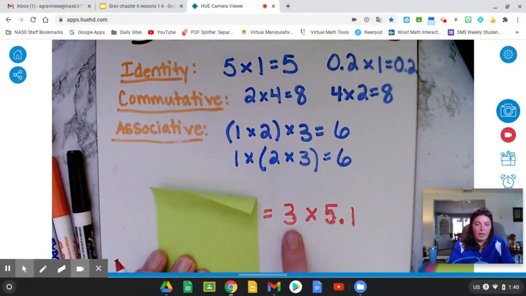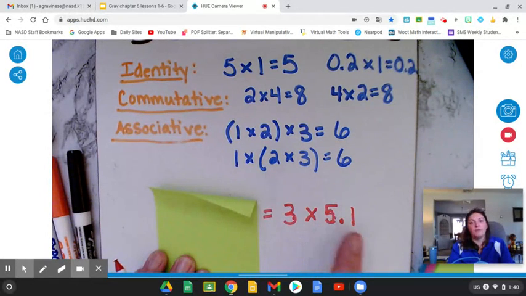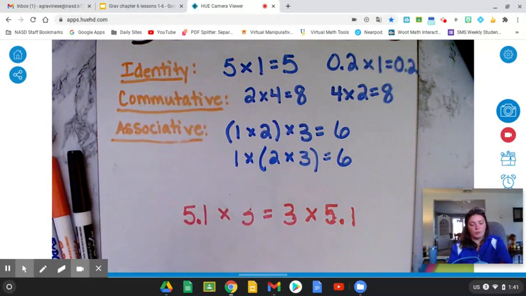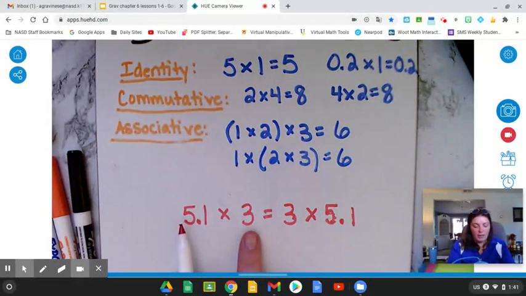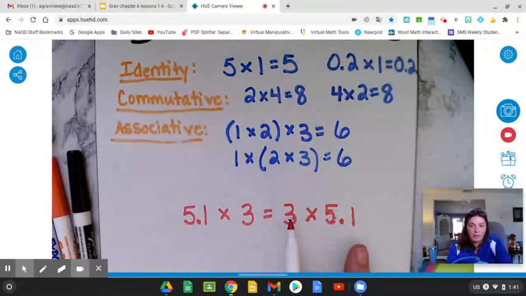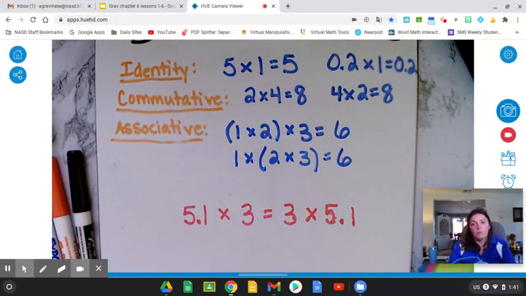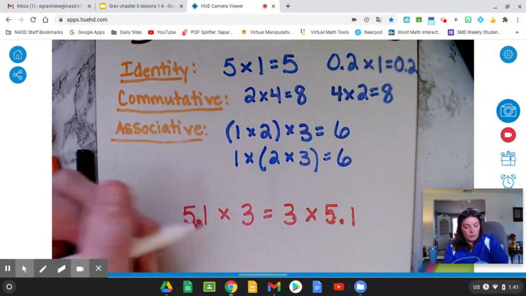On this side, I have 3 times 5 1/10. Wait a minute, I think I heard those numbers before, and that's because they are the same numbers. On my left, I have 5.1 times 3, and on my right, I have 3 times 5.1. So I used the same factors, and I reversed the order.